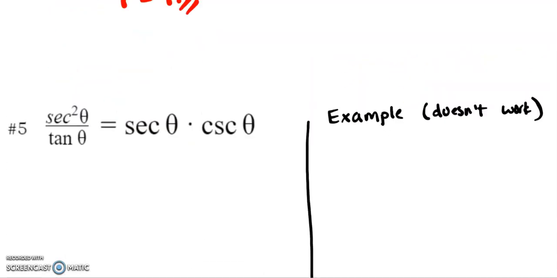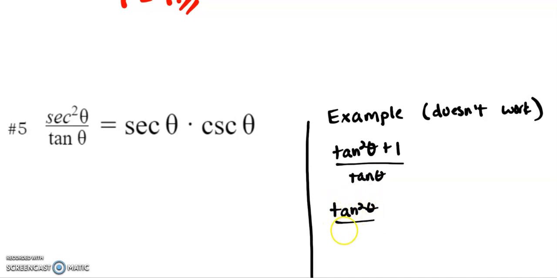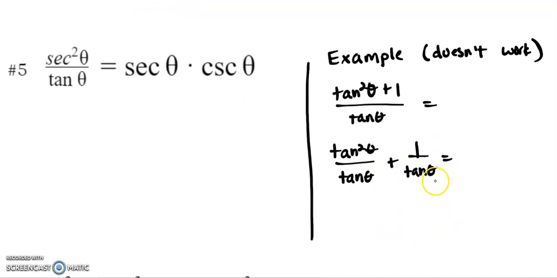So you could take the numerator and say, oh, tangent squared theta plus 1 over tangent of theta. And then you could say, okay, that's tangent squared over tangent plus 1 over tangent. And then you'd get tangent of theta plus cotangent of theta.